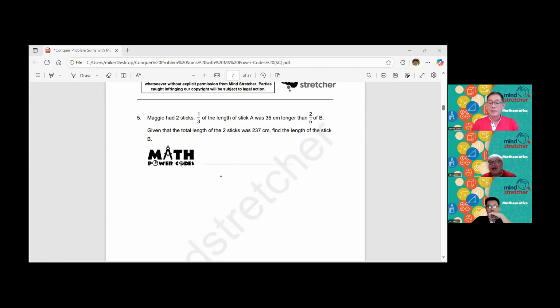I see different kinds of power codes that you are using. But the more correct one will be a stack up model or using the model method. That means for this power code, we are going to use stack up model.